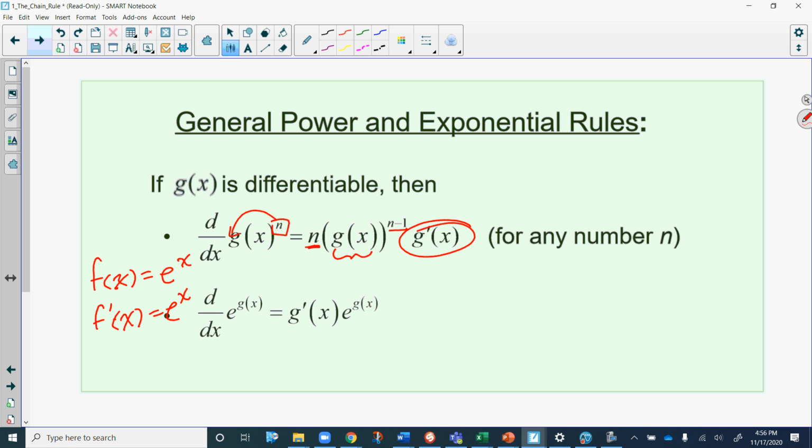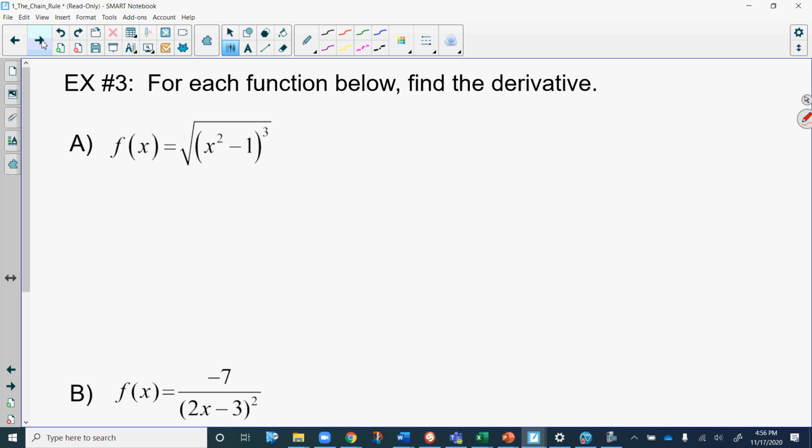So when I take the derivative of this, when I have something as an exponent like this, this whole thing is considered the inside. And so the whole thing stays the whole thing, and we multiply it by the derivative of the inside, which is where we have that g prime of x.